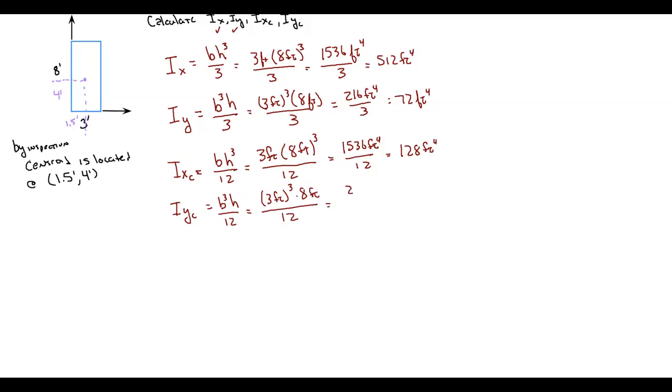That's still going to be 216 feet to the fourth. This time divided by 12, though, which should give us something like 18 feet. Yep. 18 feet. It is a lower number than we got when we were looking at the y-axis, because there's more area close to the centroid y-axis than there is to the y-axis. So that's kind of the deal there.